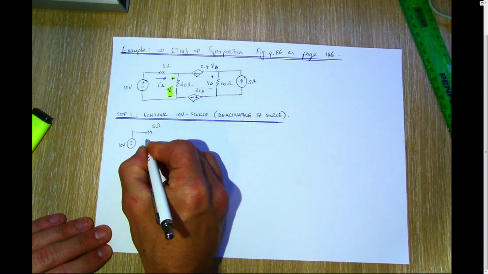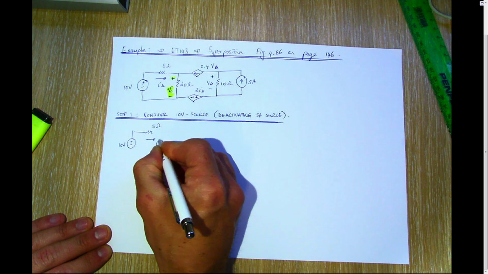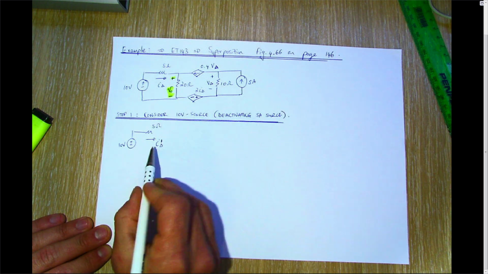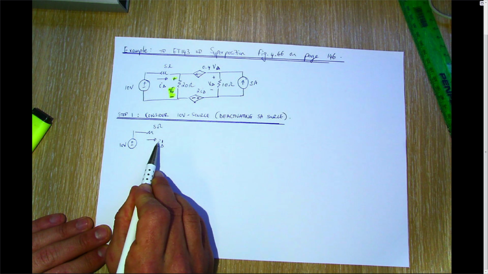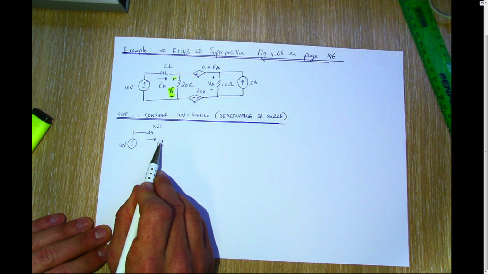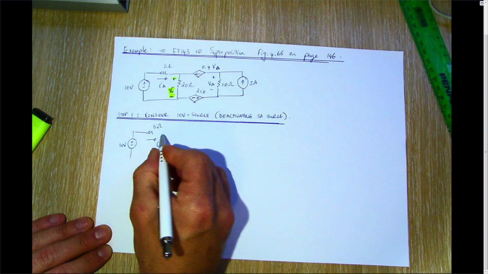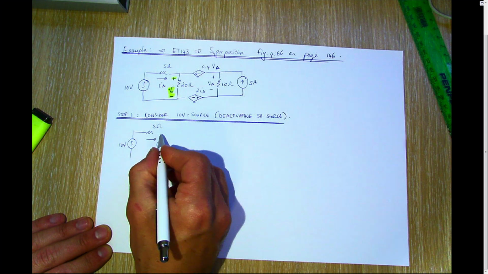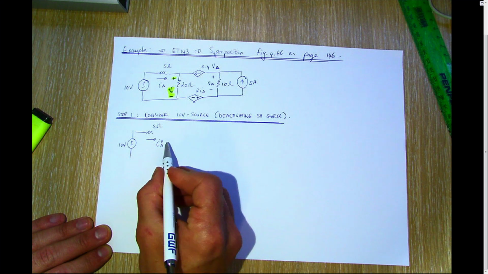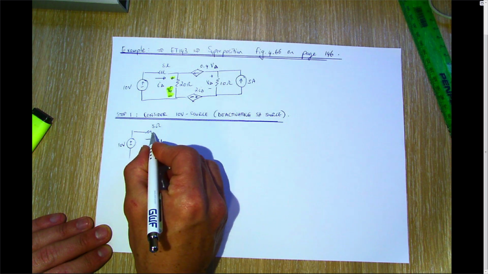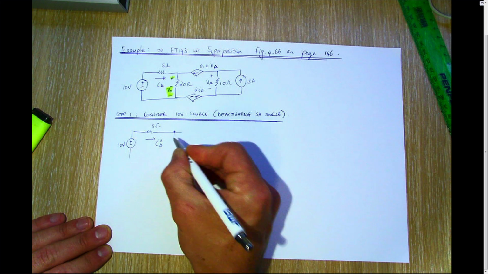Now remember that when you do each of the sources, you use these little primes. These primes indicate that we are analyzing this first source, and when you analyze the second source, this gets a double prime, and so on. Okay, and we're going to sum the effects of those in the end.